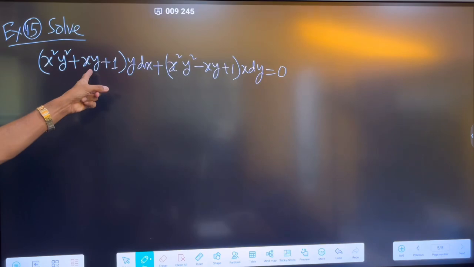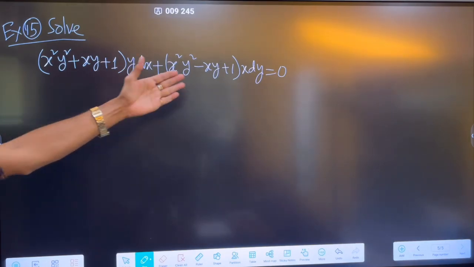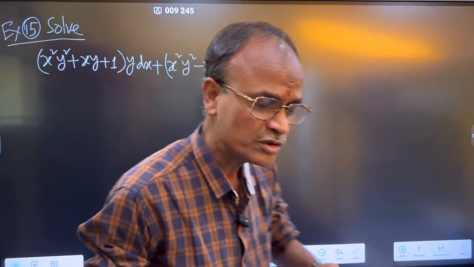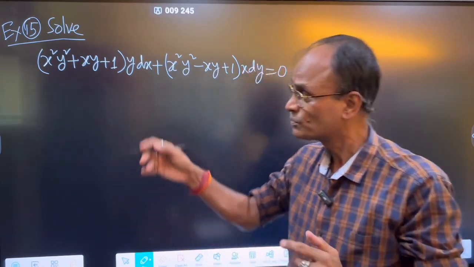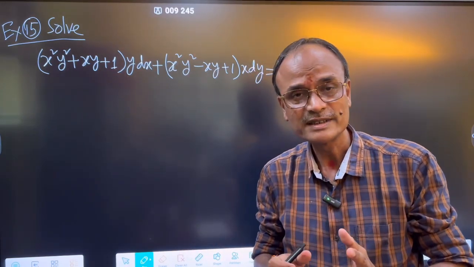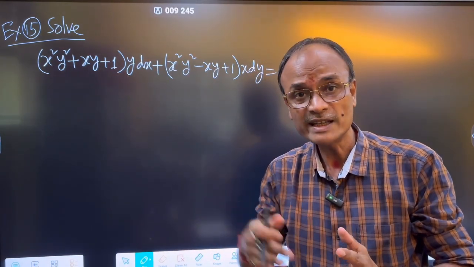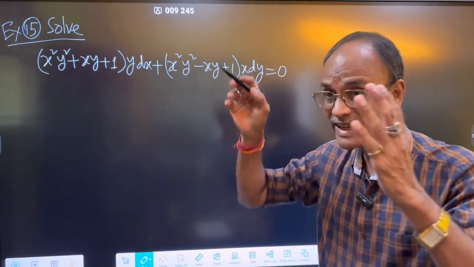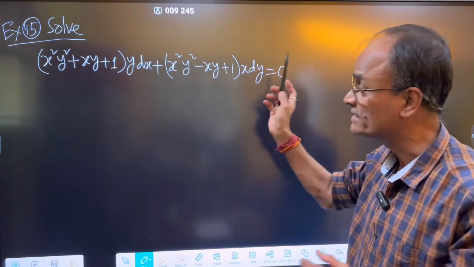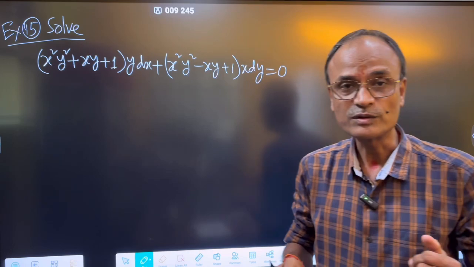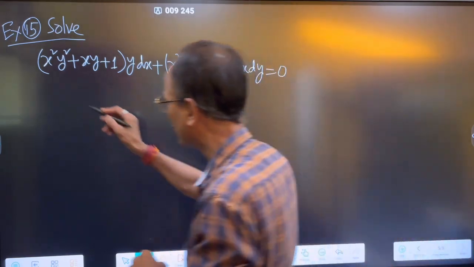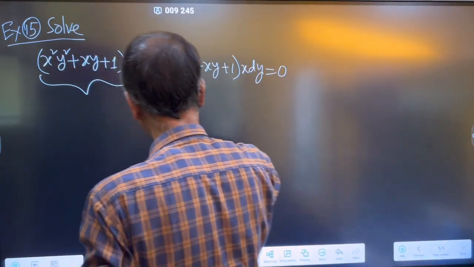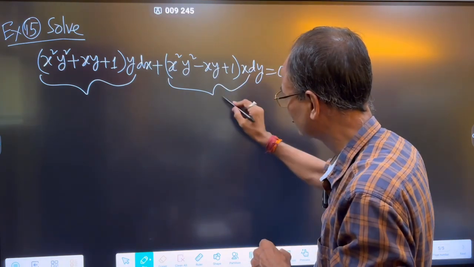(x square y square plus xy plus 1) y dx plus (x square y square minus xy plus 1) x dy equal to 0. It is of the form a function of x and y into y dx plus a function of x and y into x dy equal to 0. First, this is m, and this is n.